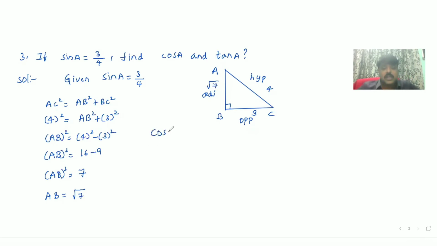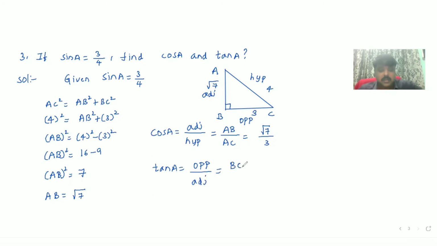Now we got the value of AB as root 7. Let us find cos A. Cos A is nothing but the side adjacent to theta by hypotenuse. Here the side adjacent to theta is AB, by hypotenuse, it is AC. Root 7 by 4. Similarly, tan A is the side opposite to theta by adjacent to theta. Opposite to theta it is BC, by adjacent to theta it is AB.